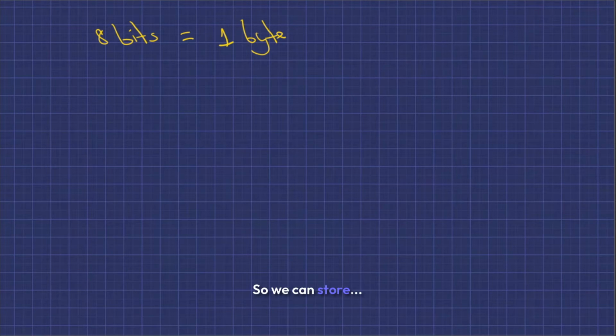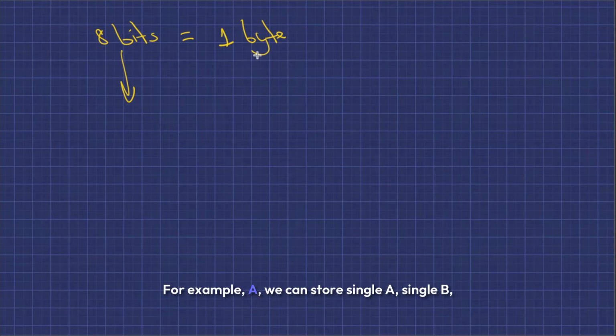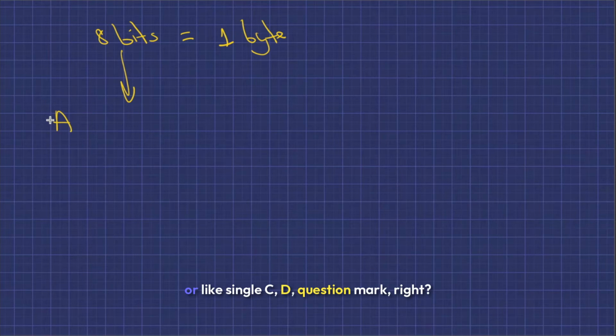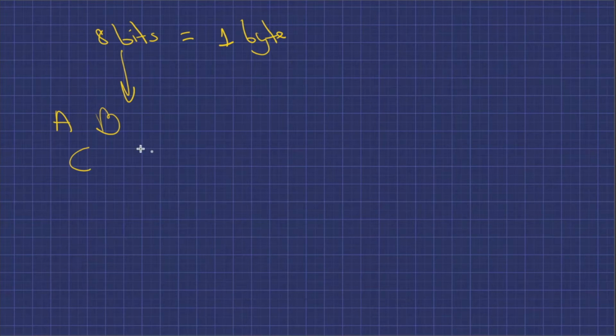So we can store characters inside 8 bits, which is 1 byte. So what can we store? For example, A. We can store a single A, single B, or single C, D, question mark, right?